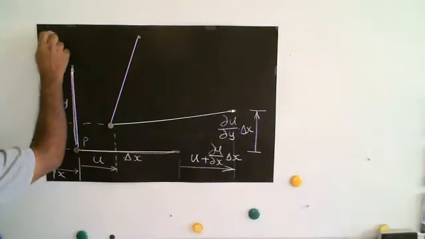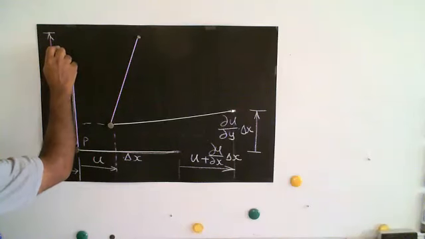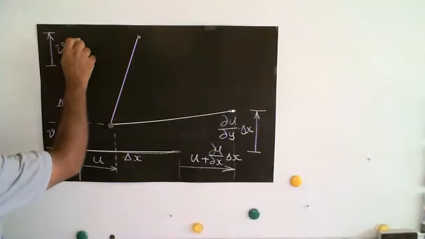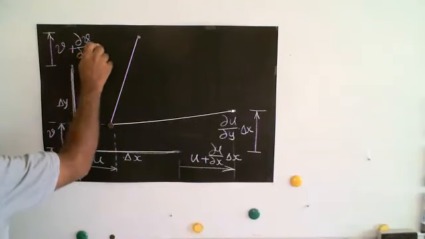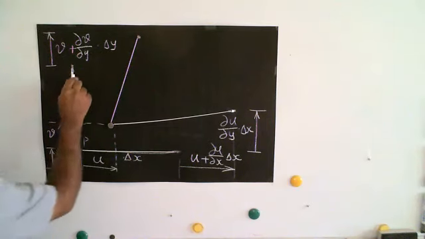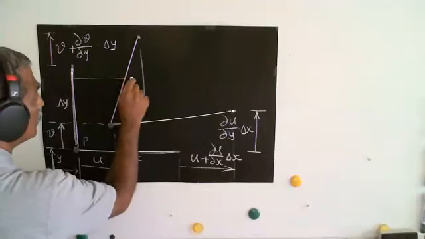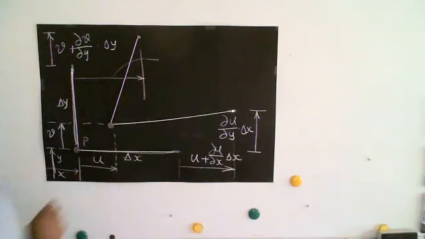So in a similar way, I can do it for this point also, right? So this extension has to be v of the original point plus the change that has occurred along the y direction times delta y, right? What else do I have to track? I have to track this, and this has to be equal to, help me out.